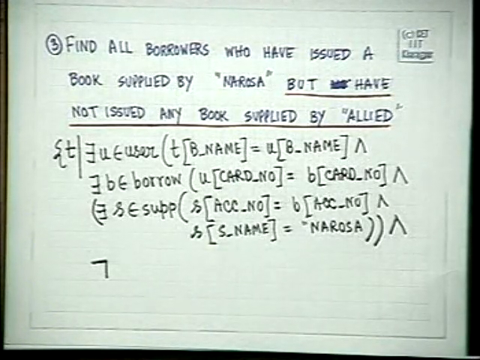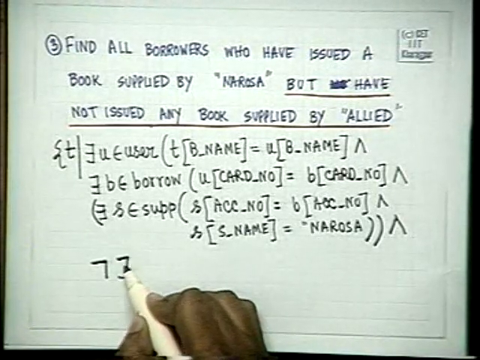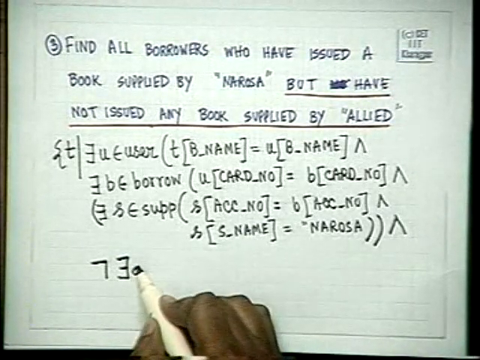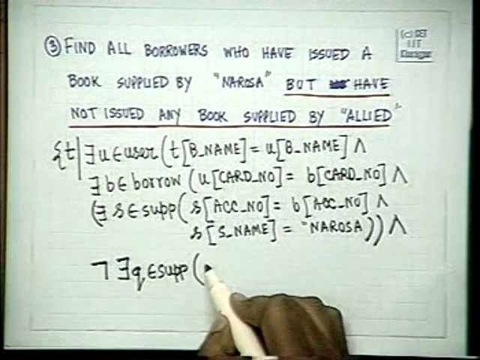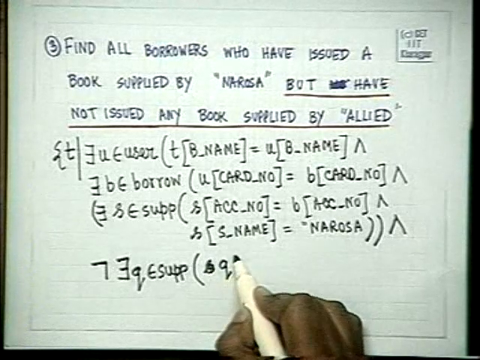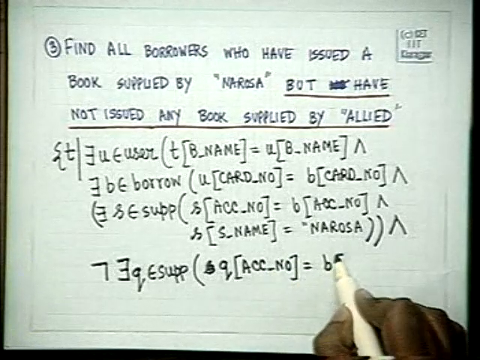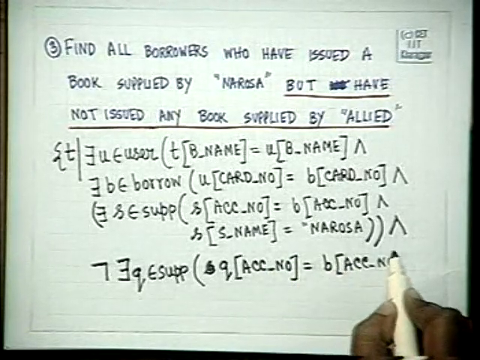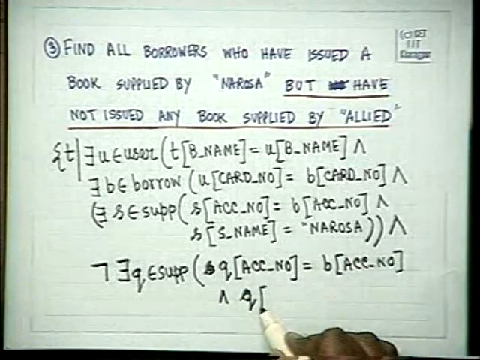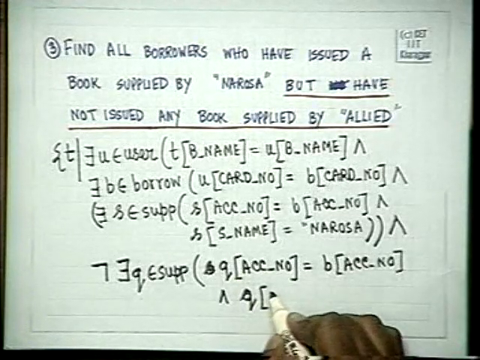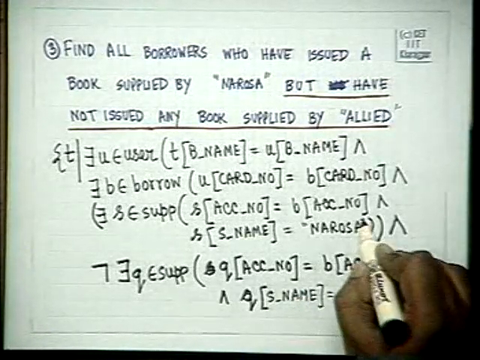For this book, there must not exist, there does not exist any Q element of SUPP such that Q accession number is the same as B accession number and Q of S name equal to allied.